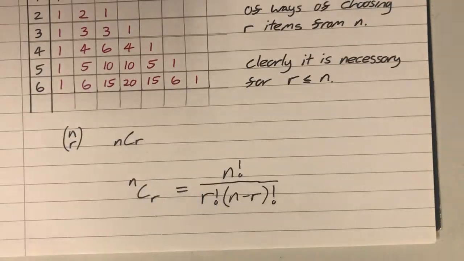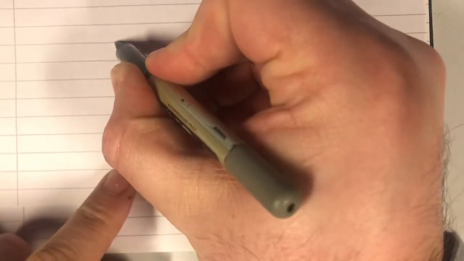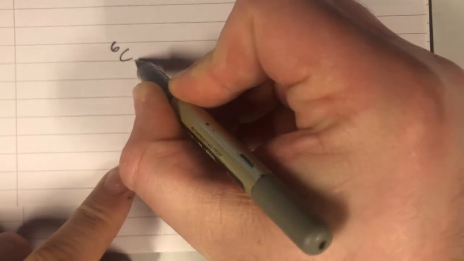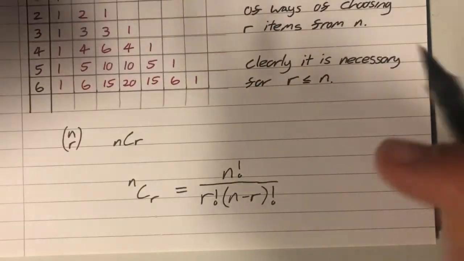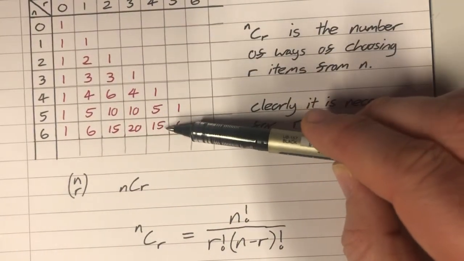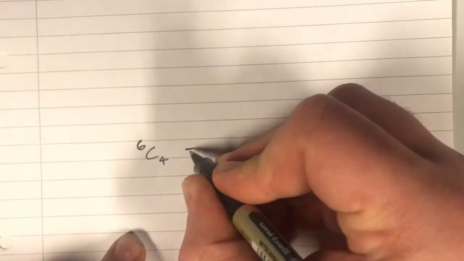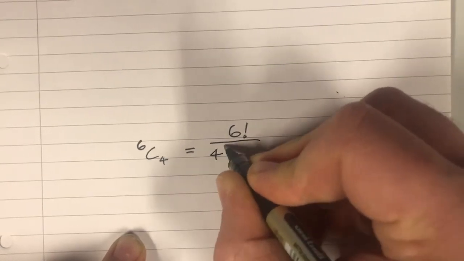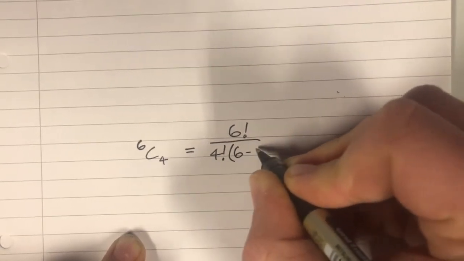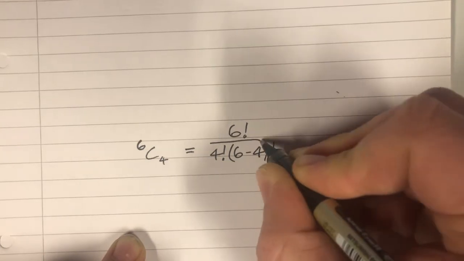So, for example, if I wanted to calculate 6 choose 4, okay, we can see from the grid that 6 choose 4 is 15, so I'm expecting this formula to give 15. 6 choose 4, well, that's going to be 6 factorial divided by 4 factorial times 6 minus 4 factorial.